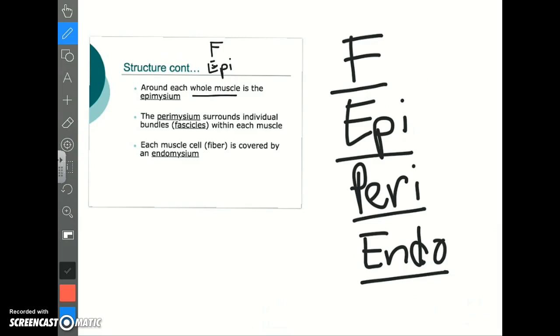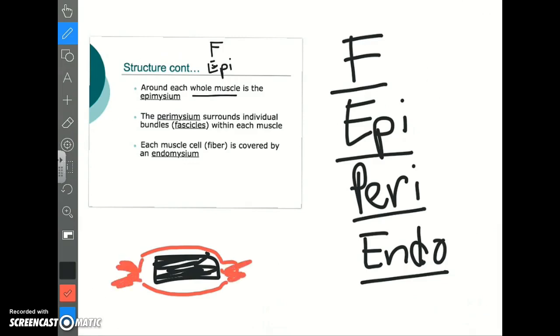So if you picture yourself like a Tootsie Roll, okay, we have your Tootsie Roll. If this is your Tootsie Roll itself, that's the actual muscle. Surrounding that, you have the outer covering, the wrapper, and that wrapper has the ends to it. That outer wrapper is that of the fascia.